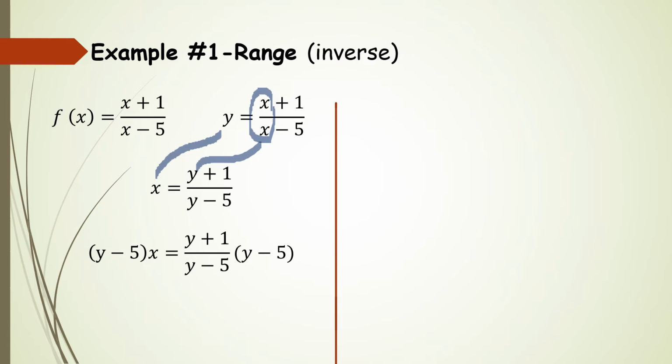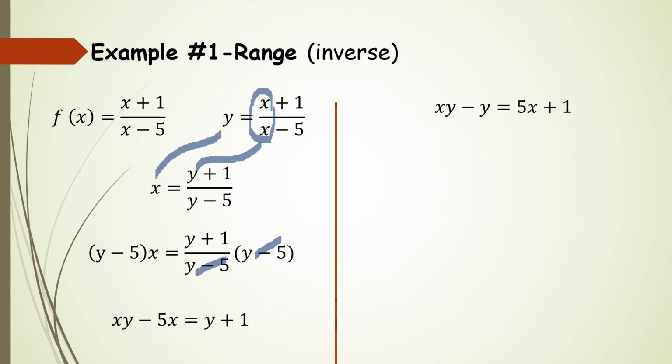Multiplying both sides by the denominator of y plus 1 all over y minus 5. We can cancel this one. By simplifying, we have xy minus 5x is equal to y plus 1.